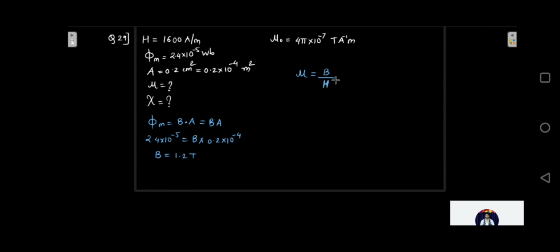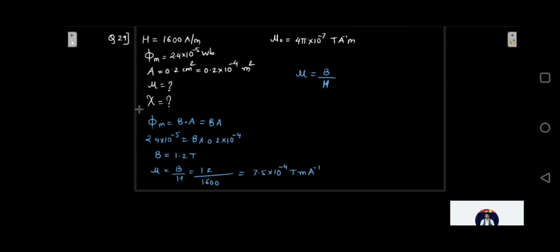Okay, so using this formula I can say that mu will be equal to B upon H. It will be 1.2 divided by H, which is given as 1600. So from here you will get your mu, that is 7.5 into 10 raised to minus 4 Tesla meter per ampere. This is going to be the value of mu.